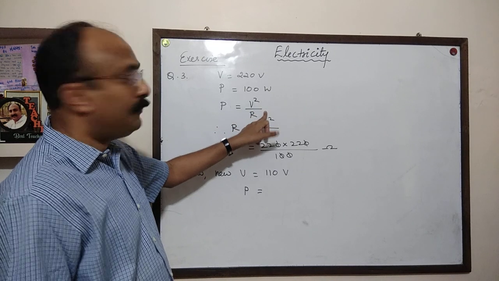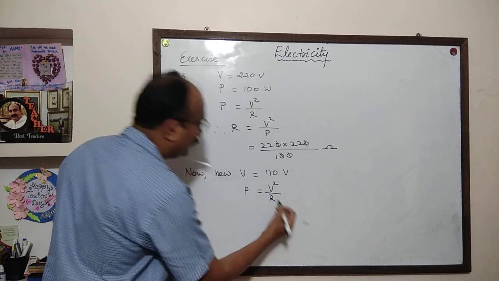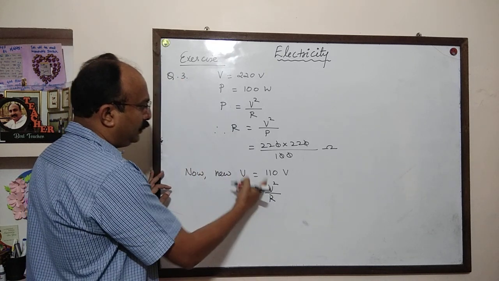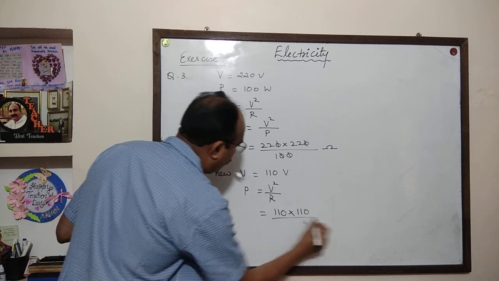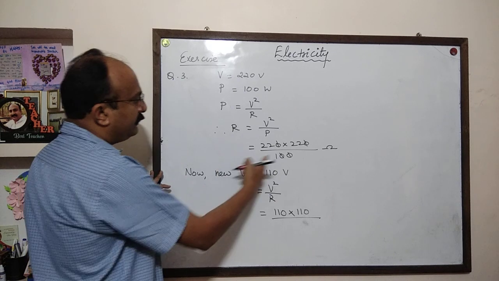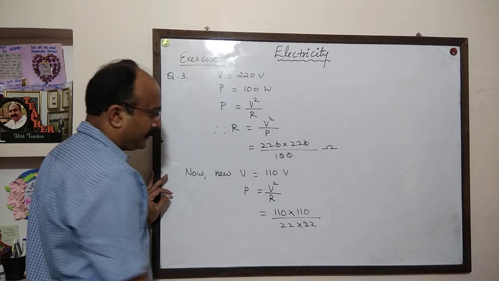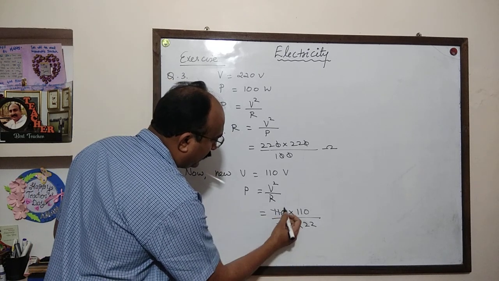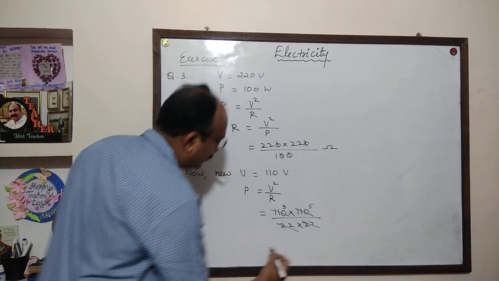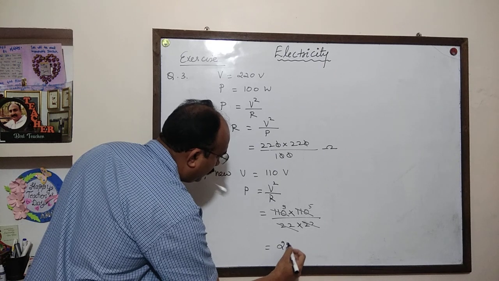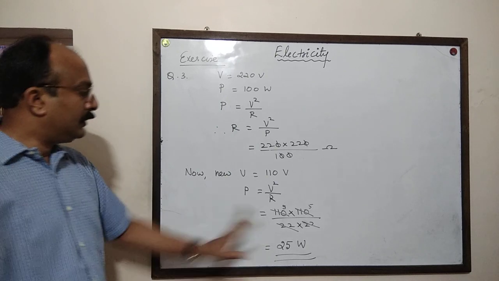P is equal to V square upon R. Now V is 110, so 110 into 110 upon R, and R of the bulb is 22 into 22. 110 and 22 can be cancelled 5 times, again 22 and 110, 5 times. 5 into 5 is 25 watt. So the answer is 25 watt.